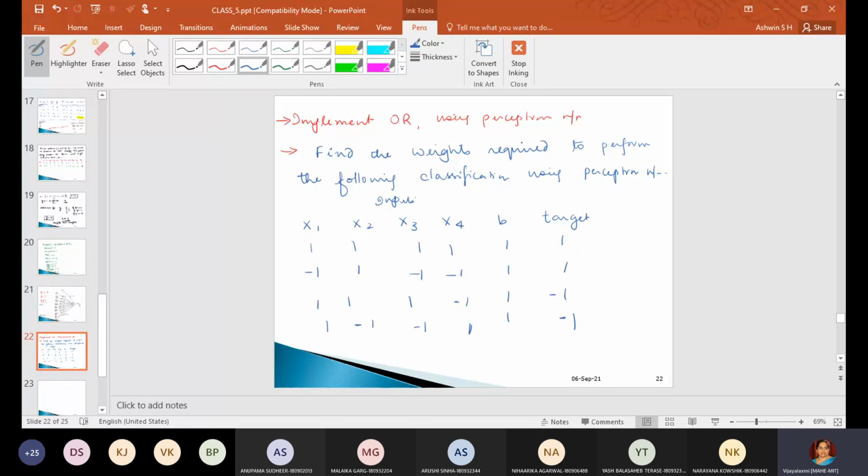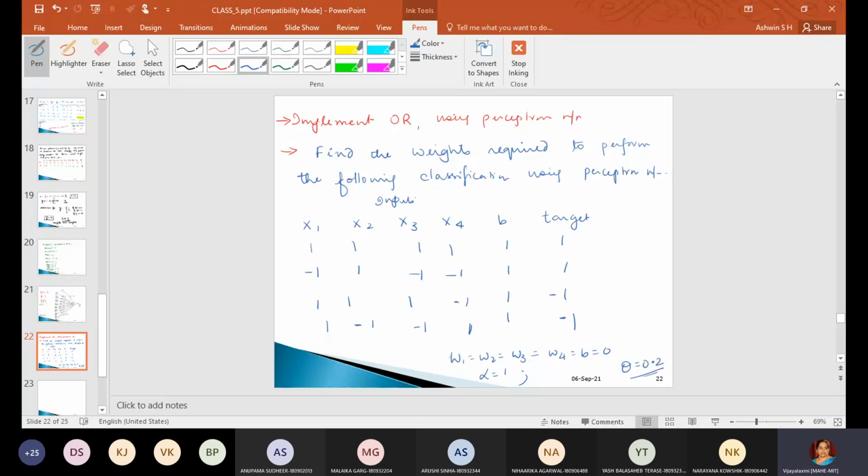Okay, so here W1 is equal to W2 is equal to W3 is equal to W4 is equal to B is equal to 0. Initially, you can assume it to be 0, and the learning rate you can assume is 1. And what I suggest here is you can take theta equal to 0.2.